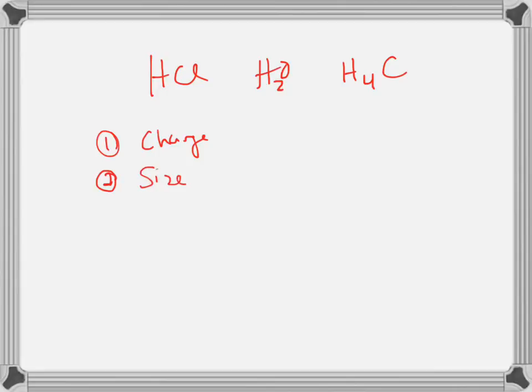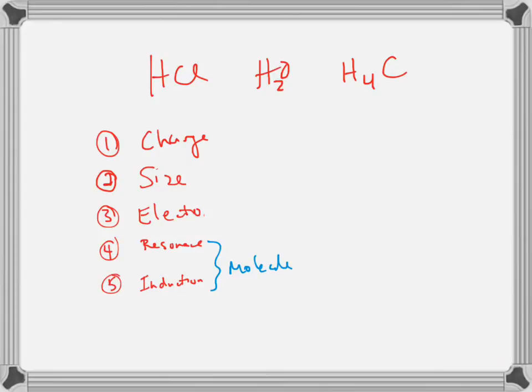Size. Then electronegativity. Then you can move to resonance. And then you can move to induction. Those last two are both molecule effects. These two are atom effects, or really the top three are atom effects.